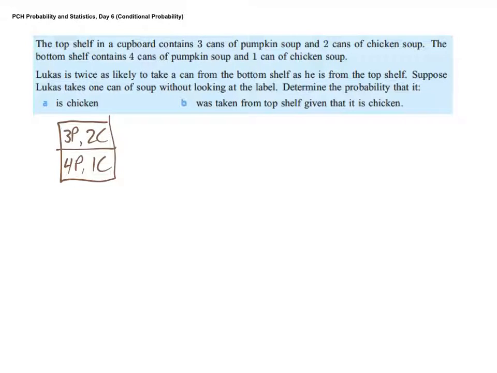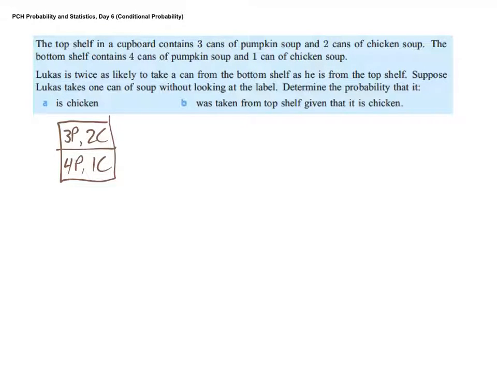To answer both of these, we have a case where using a diagram is going to be helpful, because really there are 2 decisions being made here. What's the first decision as he reaches into the cupboard without looking? Is he reaching to the top shelf or the bottom shelf?